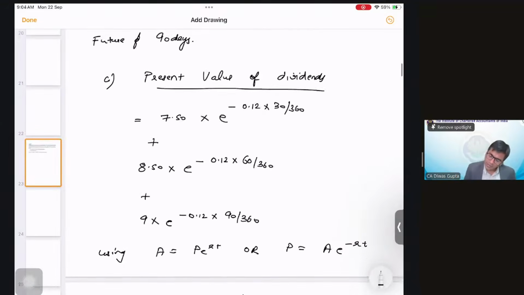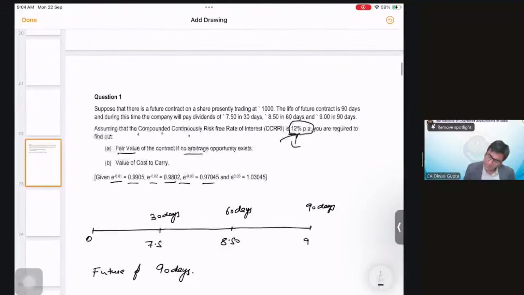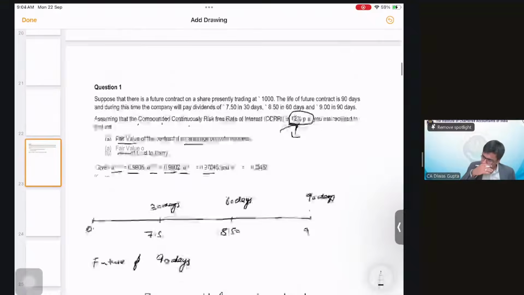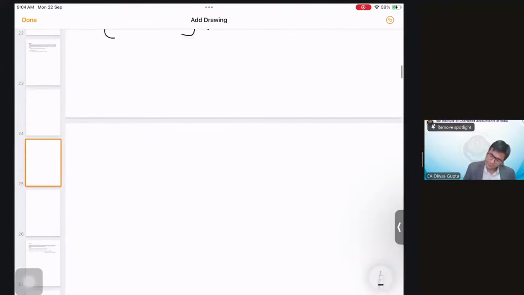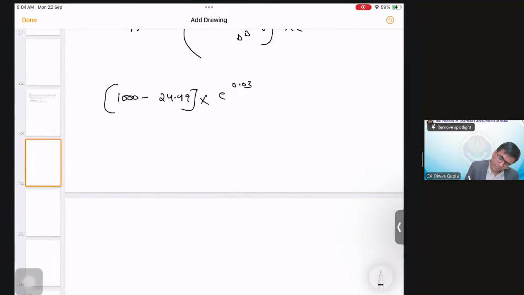And this e raised to the power 0.03 is given in the question as 1.03045. Now, if we solve for this, yeah, it's 1005.21.